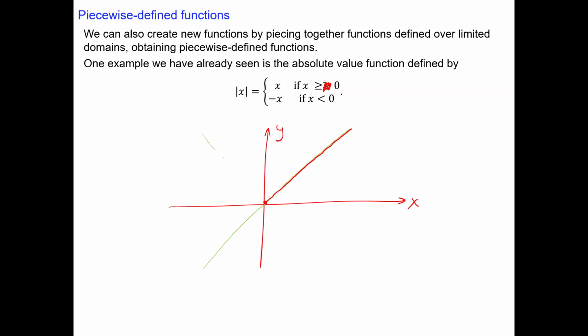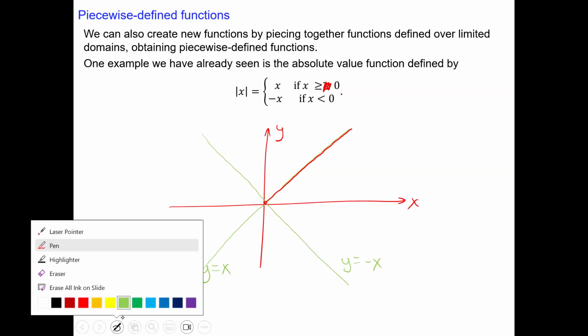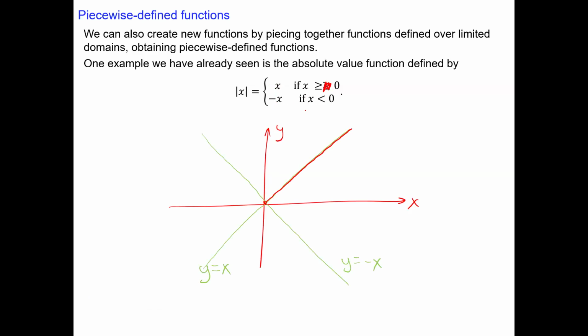And we can draw negative x. Negative x looks like this. This is positive x. But we can only take negative x if x is negative. That means on this side. And we all remember the V shape. This is the absolute value of x. We're not taking those green parts. That's where the function comes from.